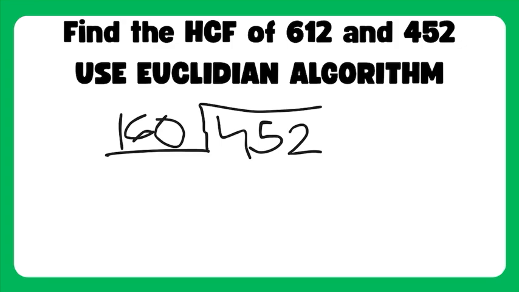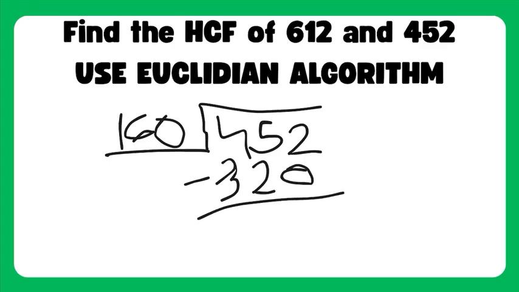For 160, you can multiply by 2 and get 320. Now this is where many people make a mistake. After they get the answer, they will put that over here, and then they make a mistake. So let me explain what this mistake is. 2 minus 0 is obviously 2, 5 minus 2 is 3, 4 minus 3 is 1.